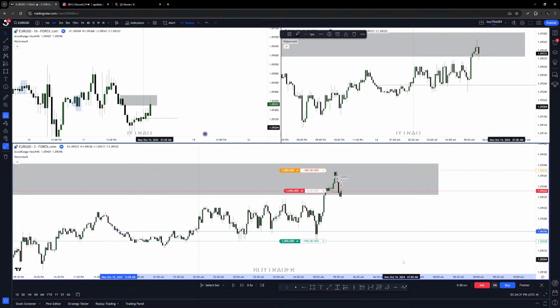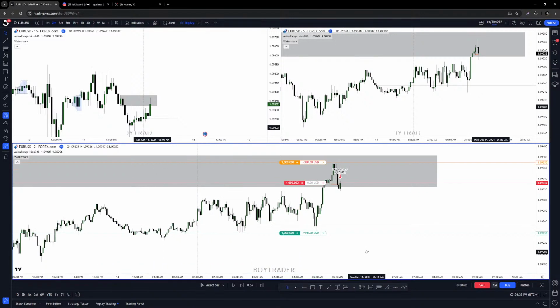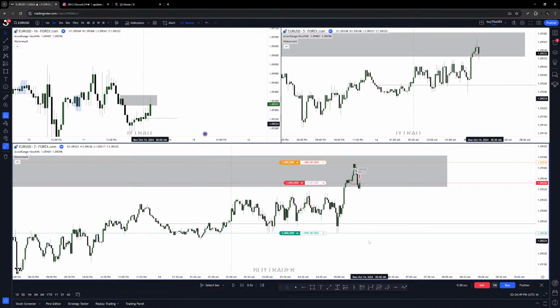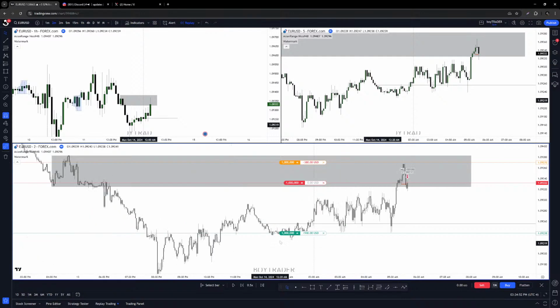From what I understand, you want your take profits to be lower, because the expansion of the daily candle will not just stop at the midnight opening price, or else it's going to be like a wick day. So our take profit could be lower. Can drag it down a little bit.